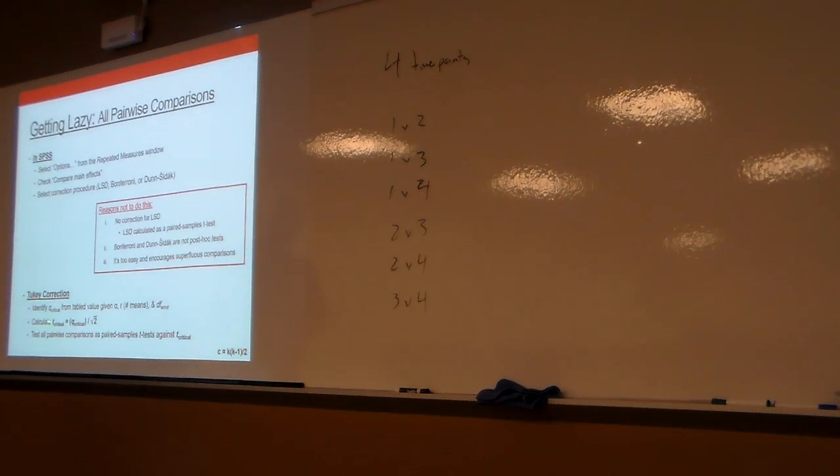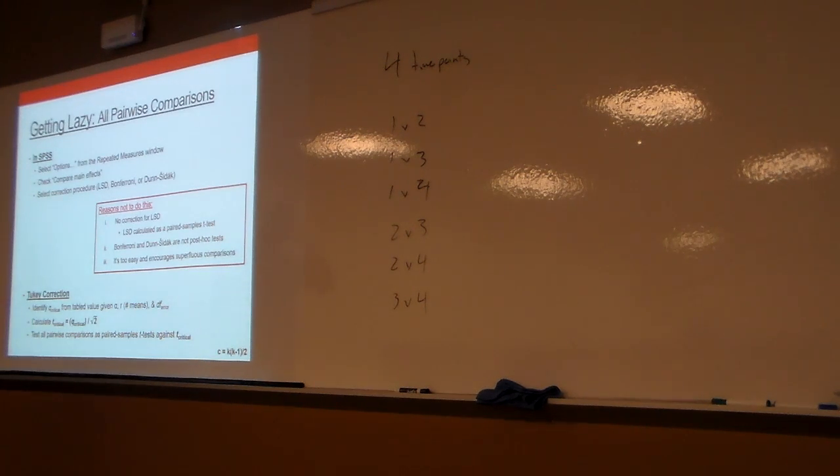Another thing you can do is a Tukey correction. Again, SPSS isn't going to give you an option for Tukey, right? But if for some reason you needed to compare all possible comparisons between all of these, you need to institute some sort of correction by hand so you know what to compare against, right?